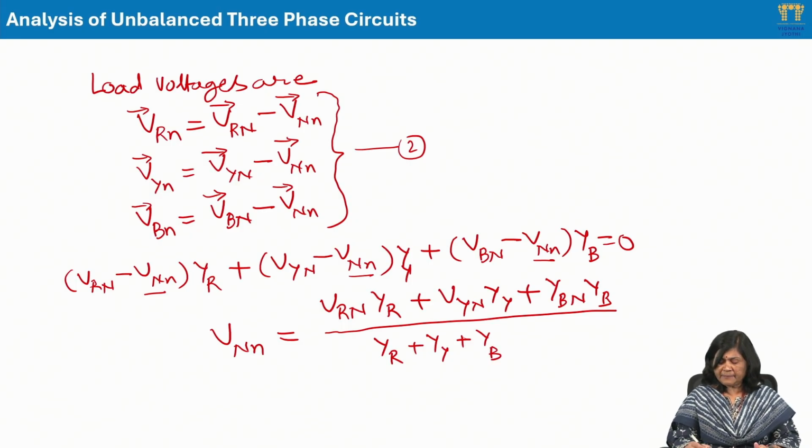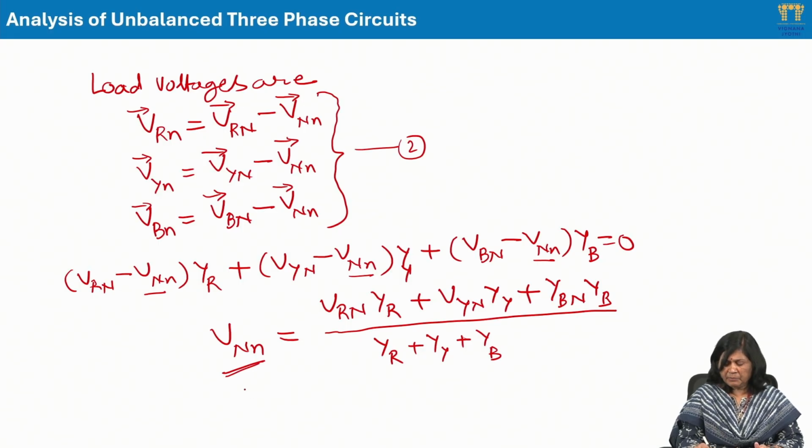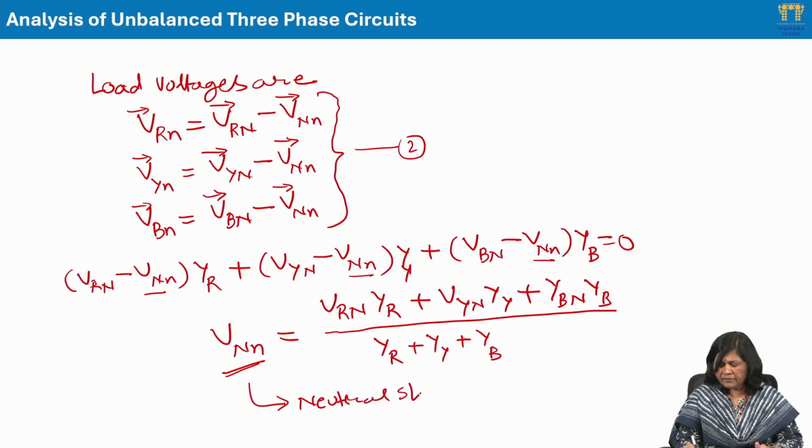So we get one expression for the neutral shift. This potential is called the neutral shift potential.